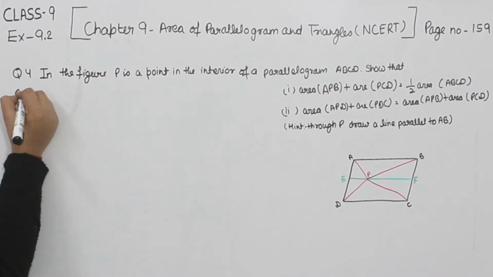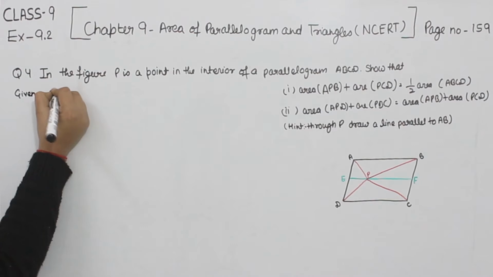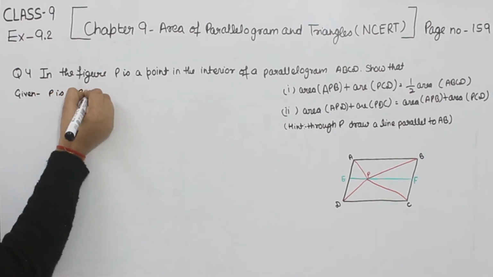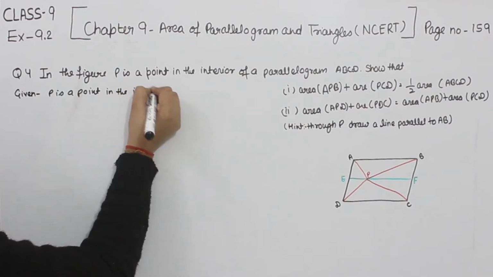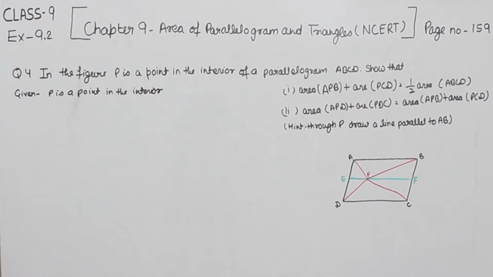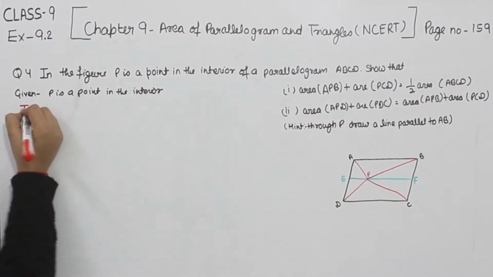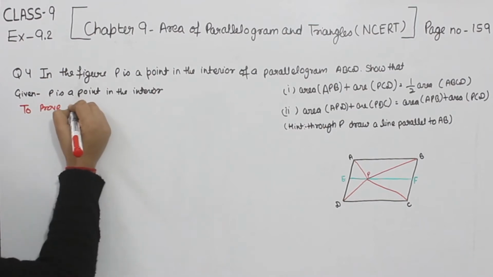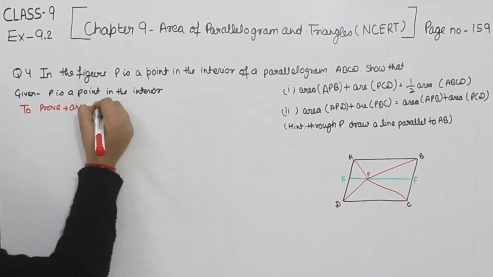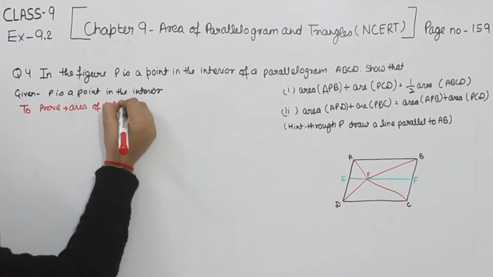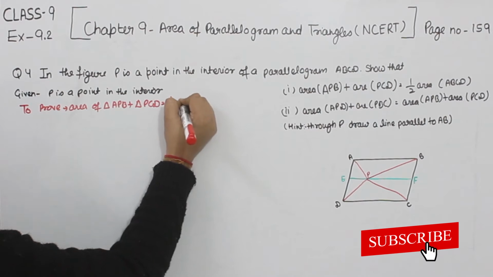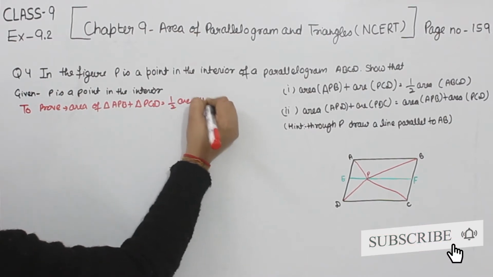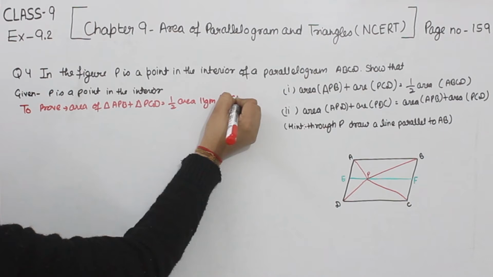What is given in the question is that P is a point in the interior. Now what we have to prove in the first part, we are going to write: the area of triangle APB plus triangle PCD is equal to half of the area of parallelogram ABCD.